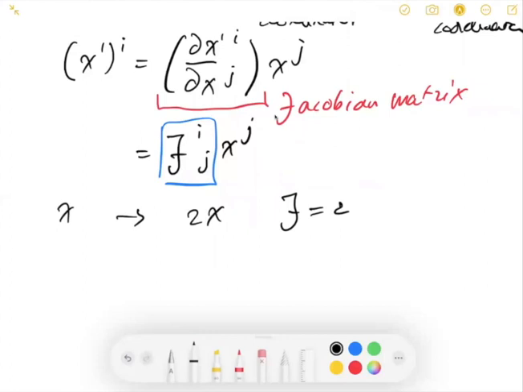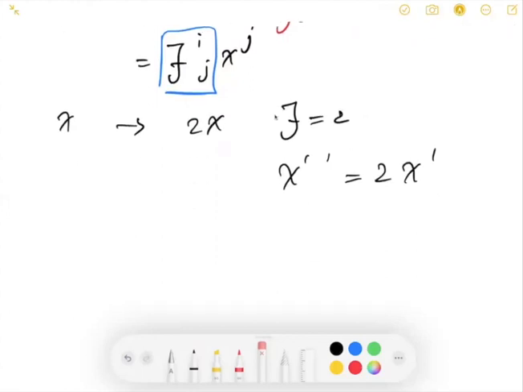Okay, so that means that the coordinate, and in this case we have only the 1 coordinate, that's a prime, that's a 1, is going to be 2 times whatever the first coordinate was in the non-rescaled coordinate system.